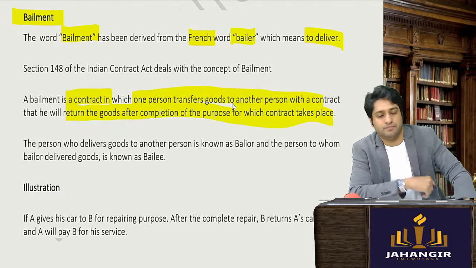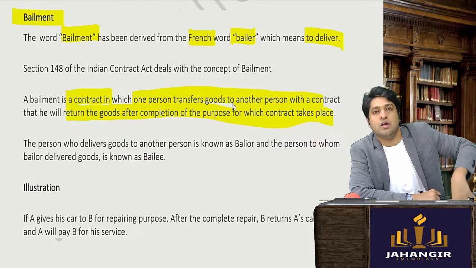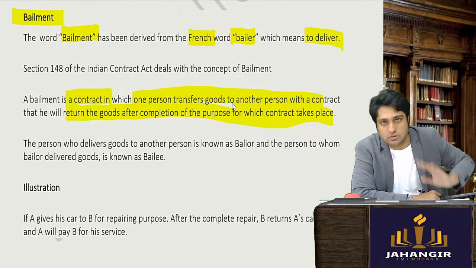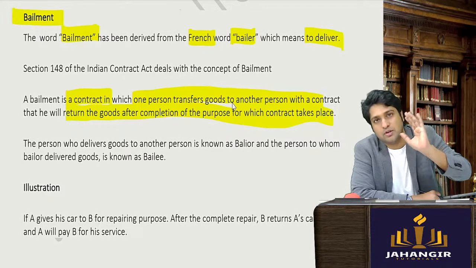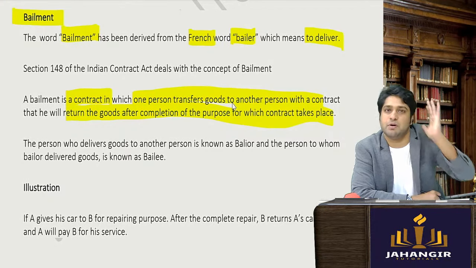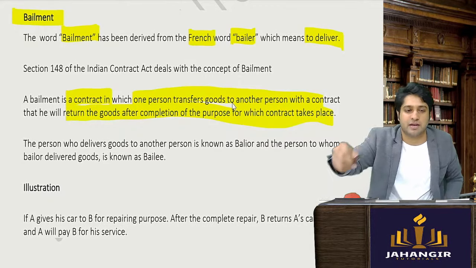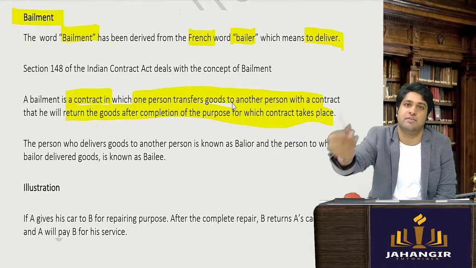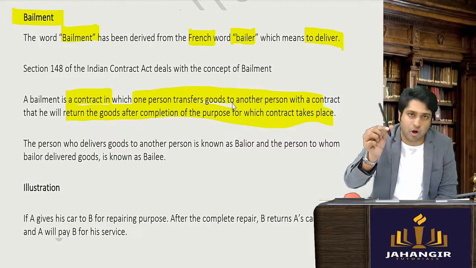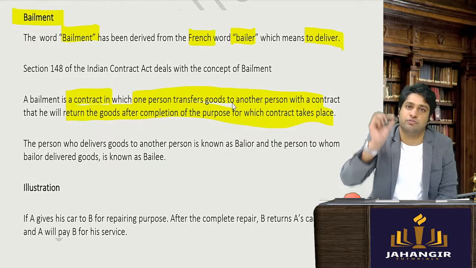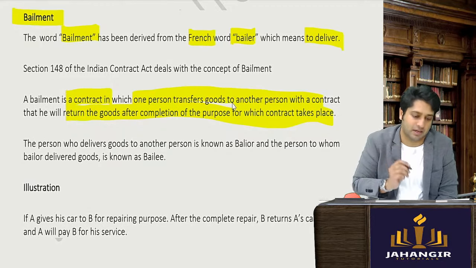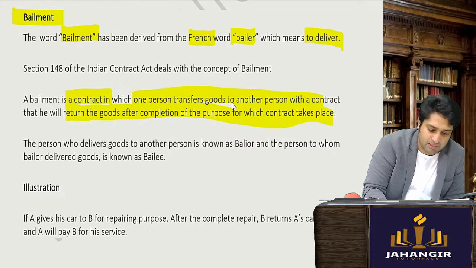Possession is transferred for a certain purpose. Once the purpose is over, it will be given back. That's bailment. I give this pen to you. Once you've used it, you give it back to me. So movable property, possession transferred for a purpose, purpose over, give it back. Now here, how is bailment coming in?